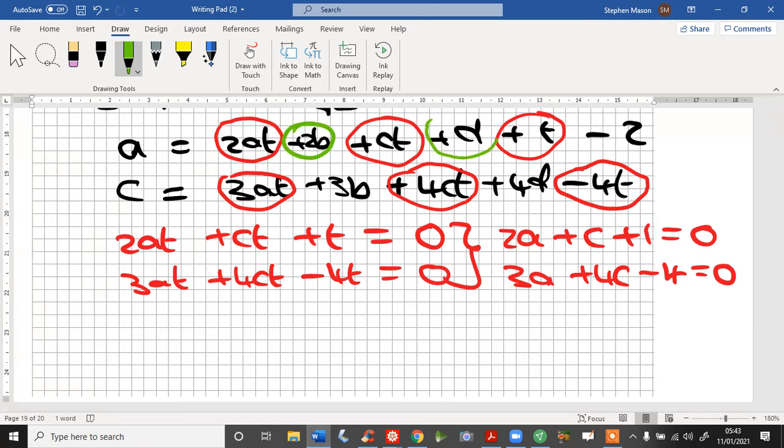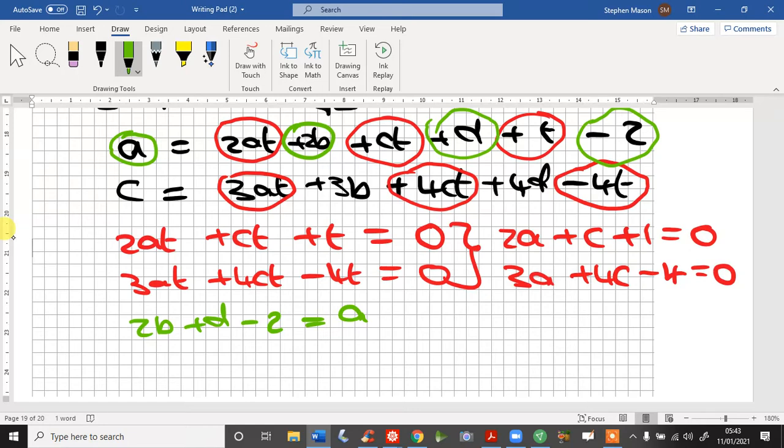We've got another constant, d there, and we've got a minus 2. And over here, these three constants equate with a. So I'm going to write it down like this, 2b plus d minus 2 equals a.